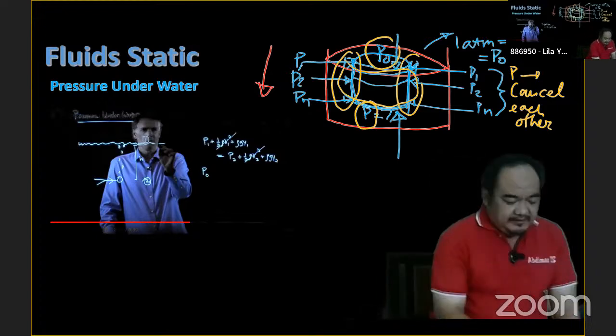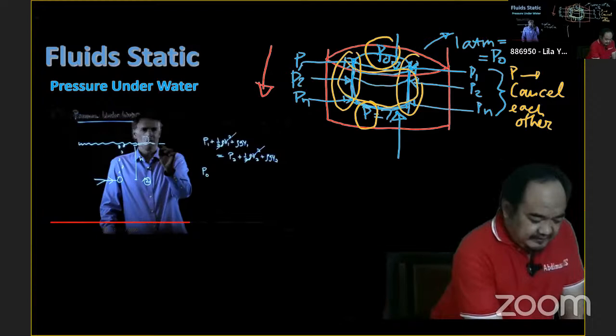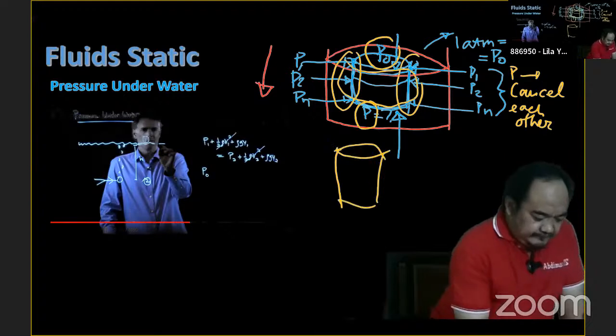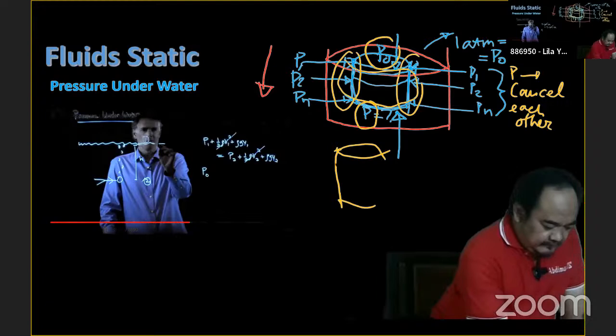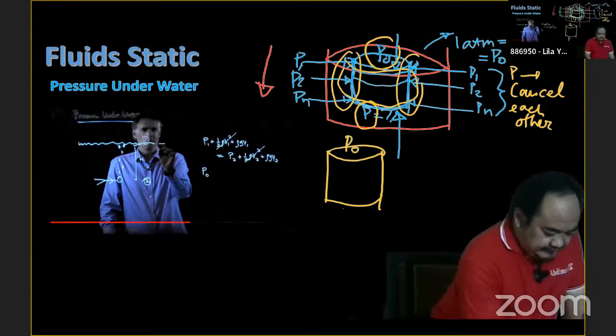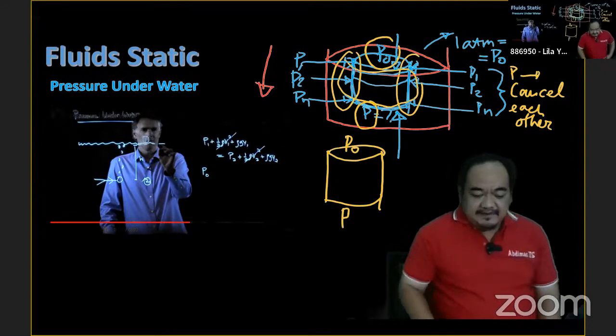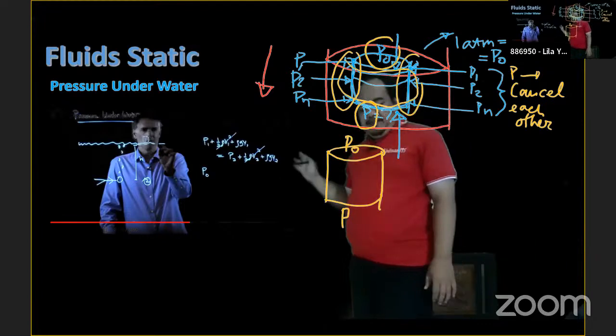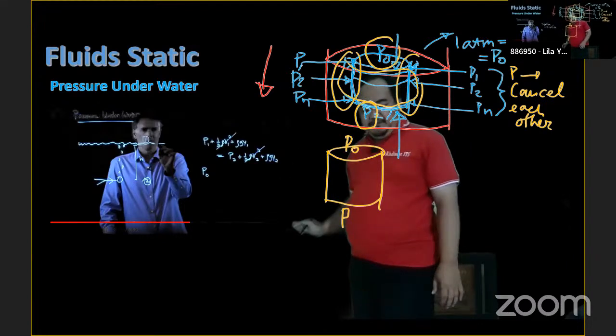Maybe I will make a drawing again, for example like this: this P naught, this P. So there are just two pressures, P naught and P.